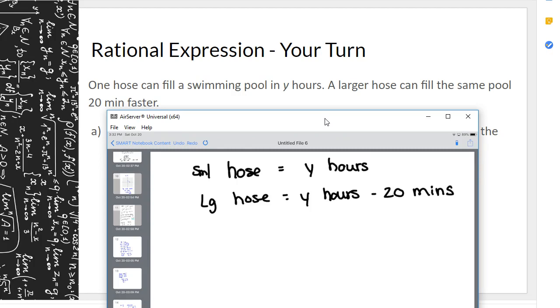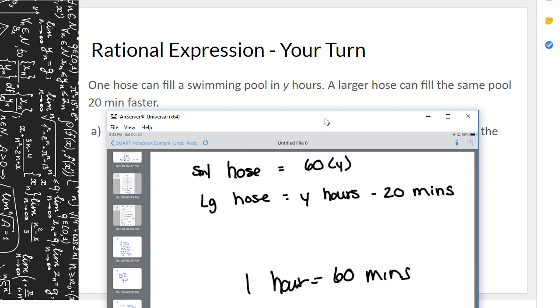That being said, right now we have kind of a disconnect. We're using hours and minutes. So let's convert this Y into minutes. So Y hours, so 1 hour would be 60 minutes. So instead of saying Y hours, we're going to say 60 times Y hours is our minutes.